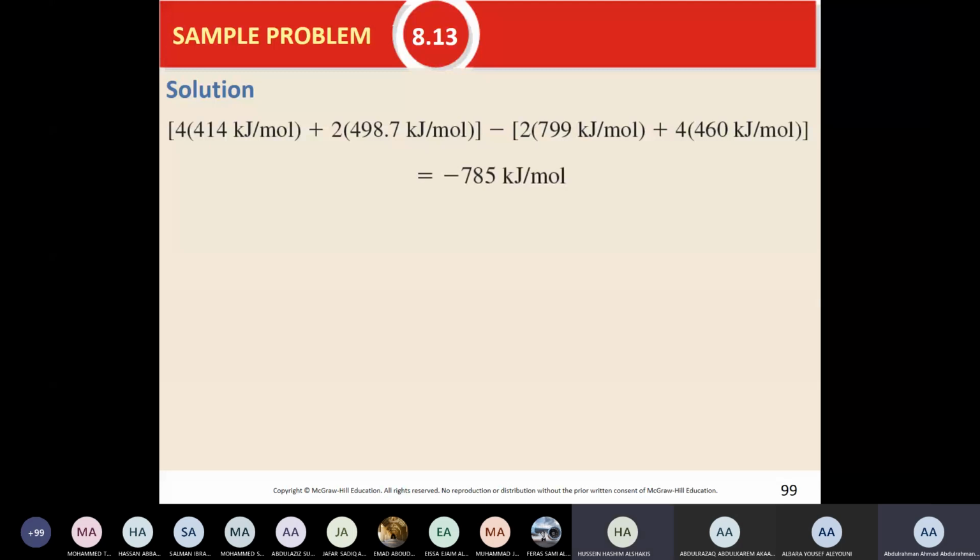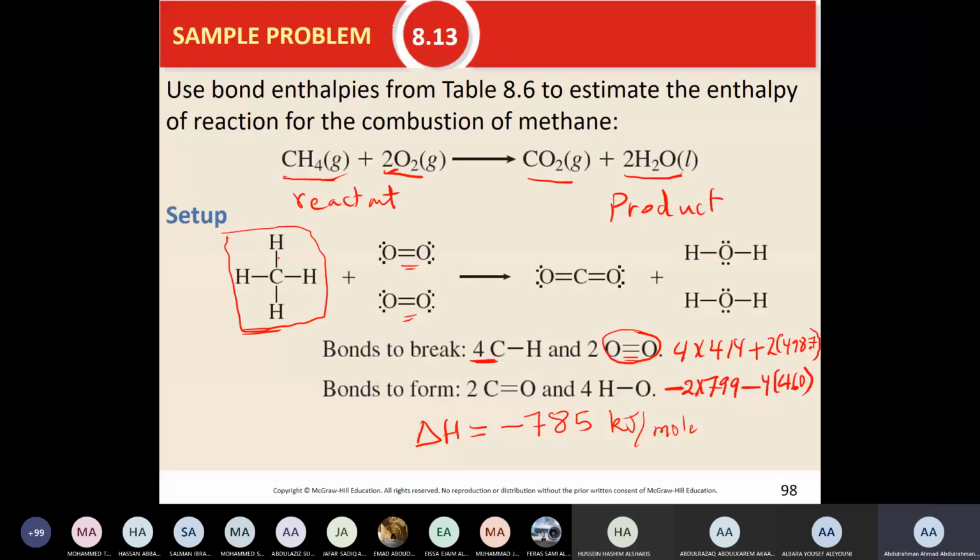And actually, with this, we finish the chapter. Very good. I hope it's clear. So this is very important, and I can assure you that in the next exam and in the final, there will be at least one question like this one, in which you have to draw the Lewis structure, like what we did here.